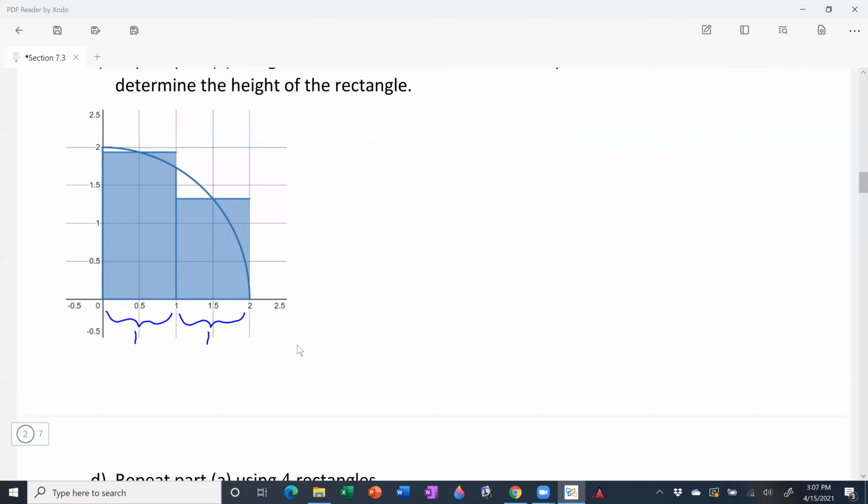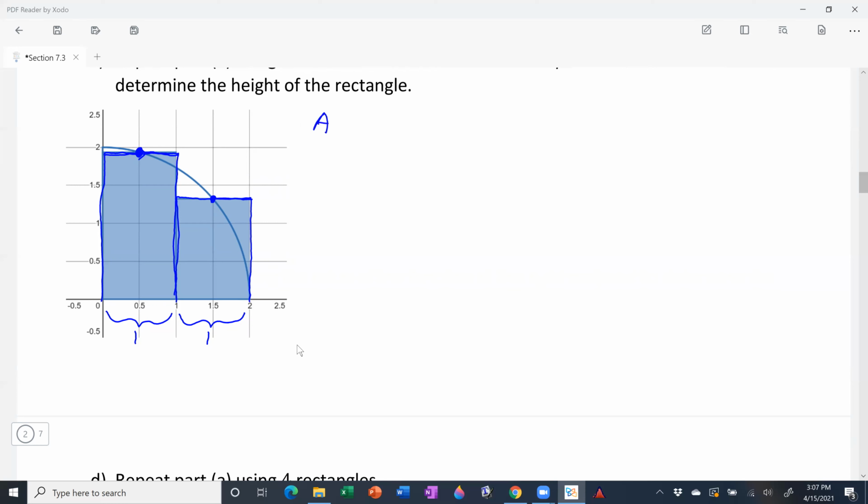But instead of doing left or right endpoints, we're looking at the midpoint of each of those rectangles. You would find this 0.5 location, which is the middle of the first one, and then draw your rectangle with equal distances in both directions from that midpoint. Same with the other: the midpoint between 1 and 2 is 1.5, and that is where the height of the rectangle would be, and then I would draw my rectangle off to the sides in each direction from that midpoint.